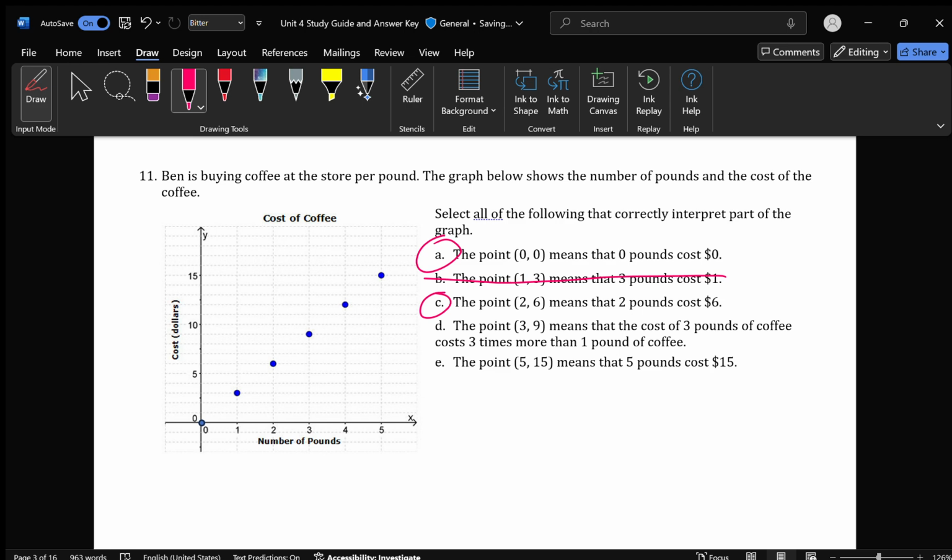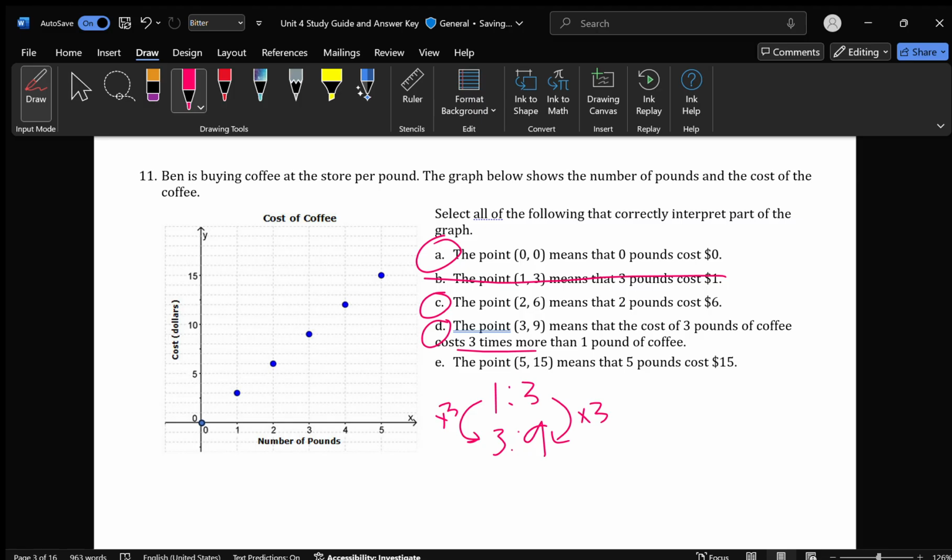We know that the original unit rate is (1,3), and I need to get to 3. How do I get to 3? I multiply each side by 3. And that gives me 9. It says, is the cost 3 times more? So yes, because we multiplied by 3.